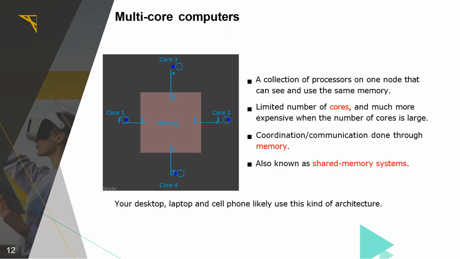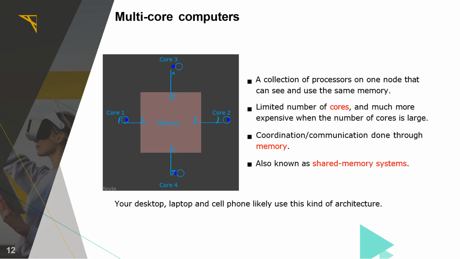So in the previous slide, we saw what clusters are, and we visually looked at the nodes that make up a cluster. Now let's look at what multi-core computers are. They essentially have multiple processor cores within a single machine, and that's known as a shared memory system.